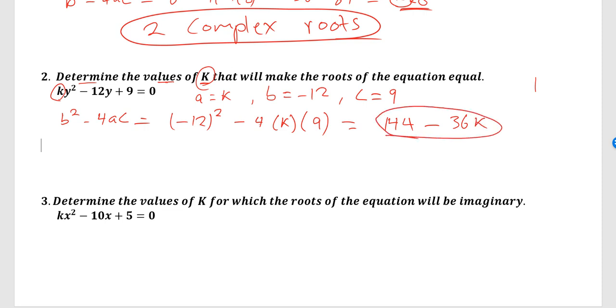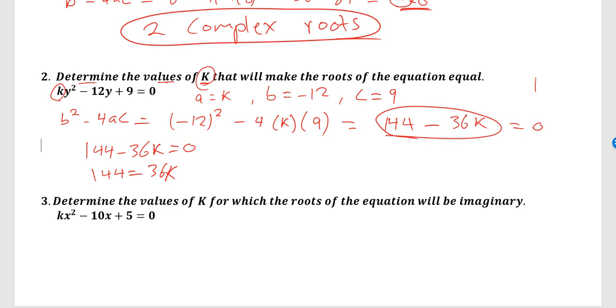I need this to be equal to 0, so that I'll have a single root, right? Or roots that are equal. So 144 minus 36K equals 0. 144 equals 36K. Again, I added 36K to both sides.